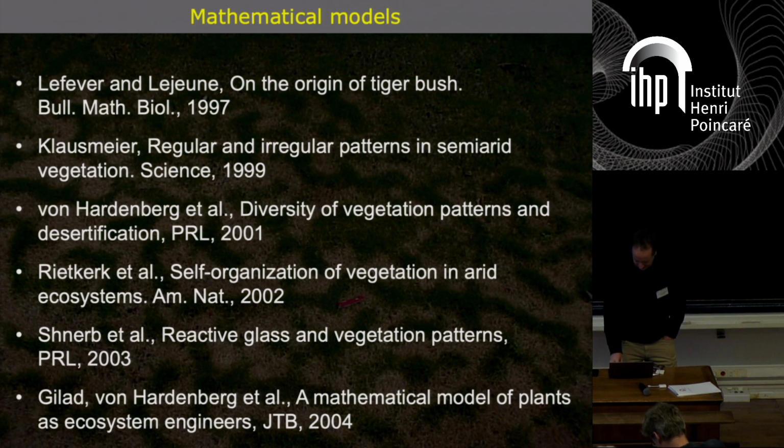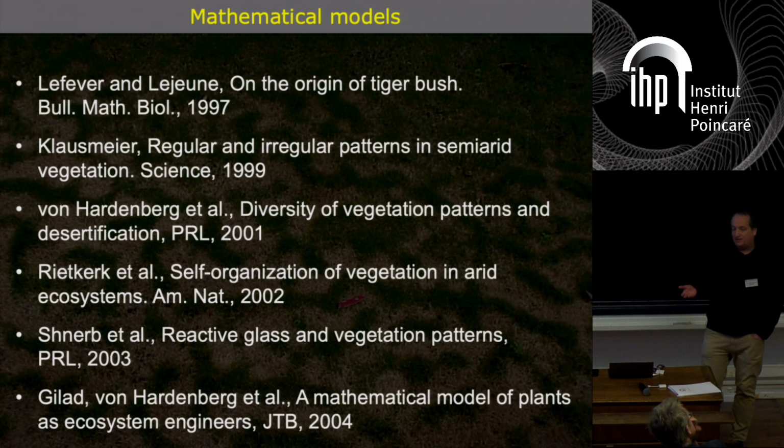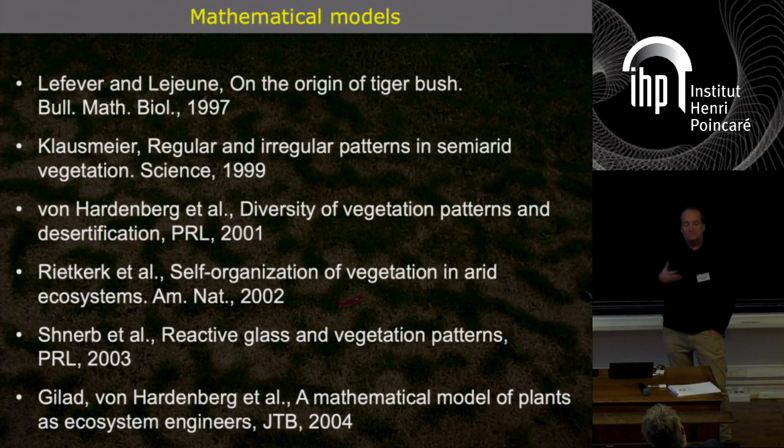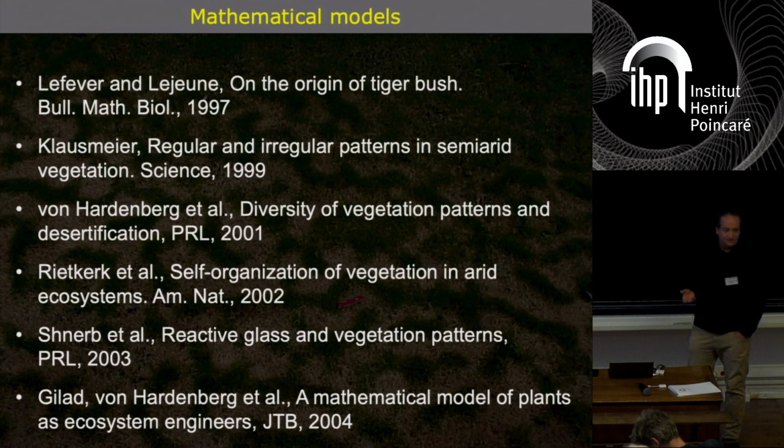So the main idea being that in many cases, when you try to model these with partial differential equations, you would have two dynamical variables, one typically working like an activator and one working like an inhibitor.